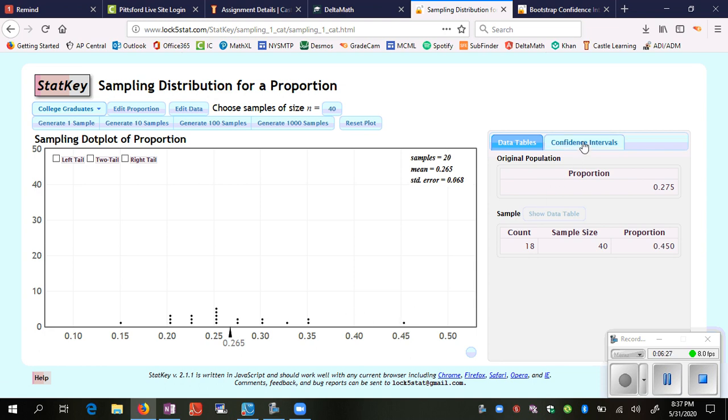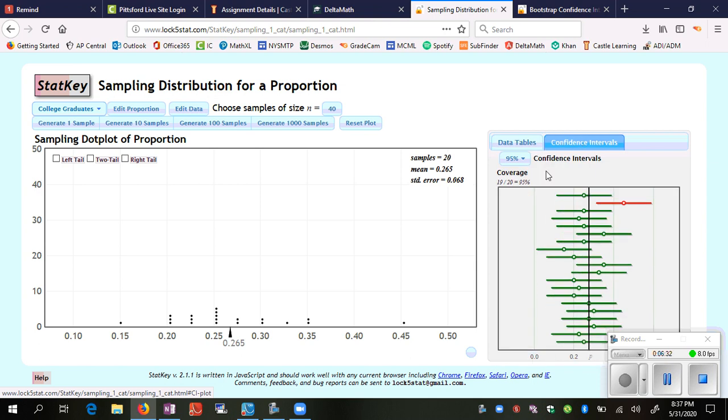So you're going to see that there are 20 simulations that have been done. And of those 20 simulations, 19 of them have confidence intervals, which you can see represented with these lines, that actually hit the true proportion or the population proportion. In fact, there are 2 of them that are centered perfectly.